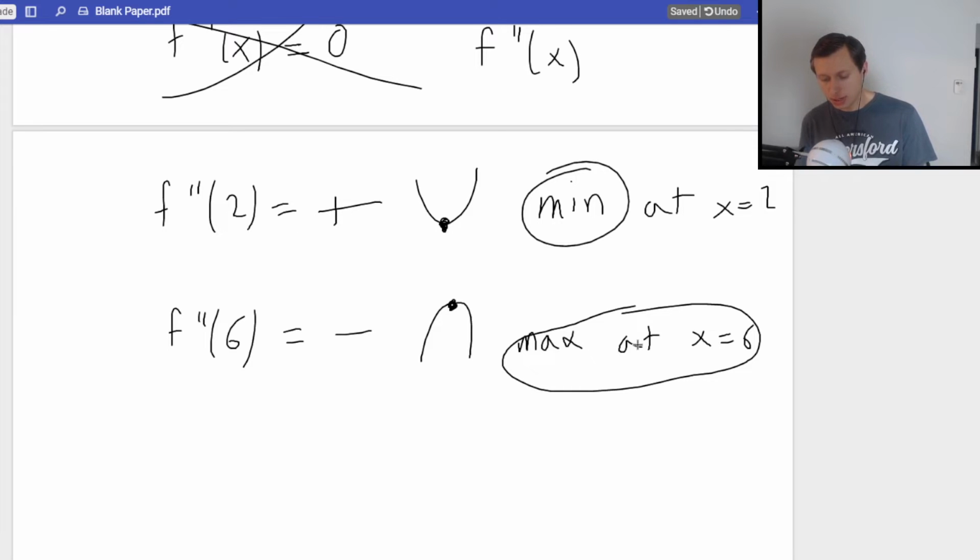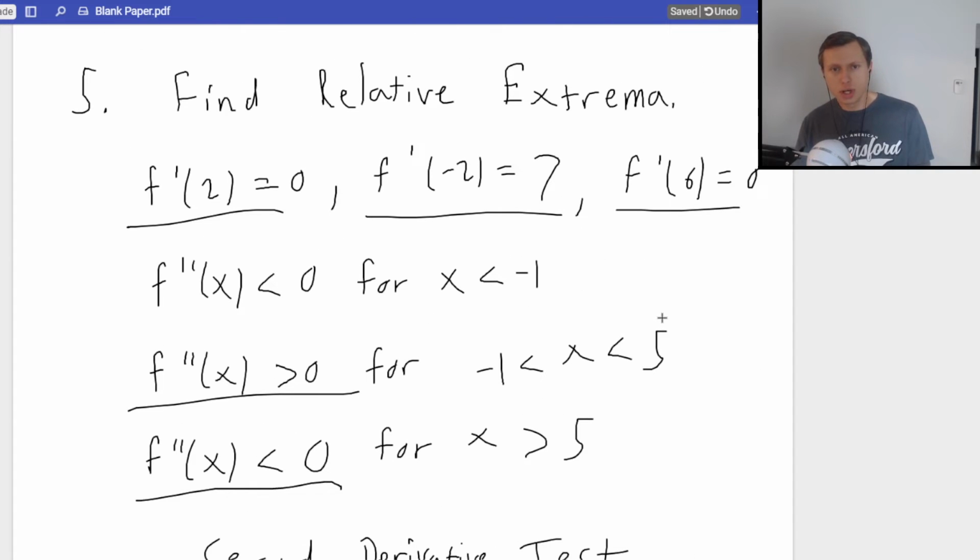Now there's one more thing I do want to say. I'm going to scroll up just for a second. What was going on at -2, right? I gave you the point -2. F prime of -2 equals 7. What did that mean? It meant that, well, first of all, the slope wasn't 0. F prime of -2 is not 0. I don't care about it for relative extrema. But something is going on there. Since it's 7, 7's a positive number.